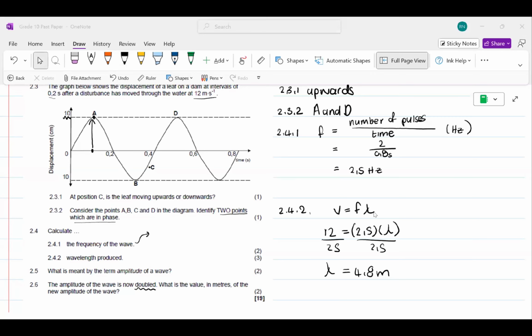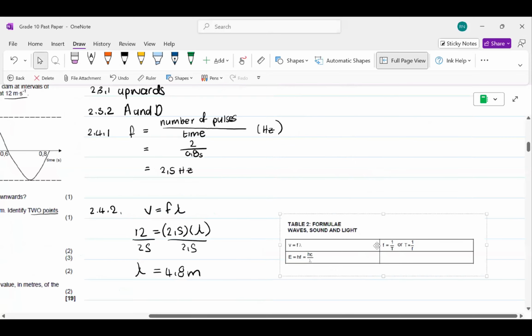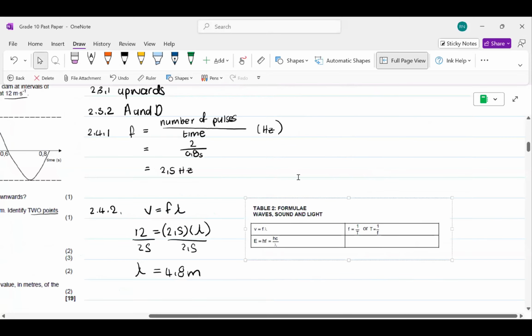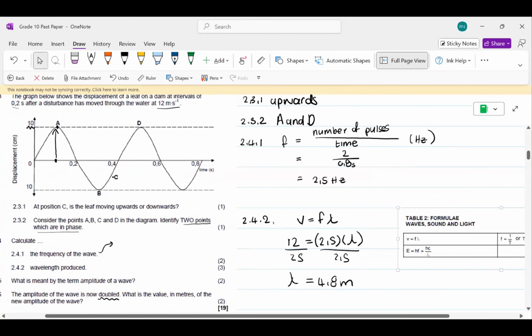2.4.2. Okay, so we were asked for the wavelength of this wave, right? And we had found the frequency. So do you understand the frequency part? Okay, perfect. Now, on our formula sheet, you'll get this formula here.